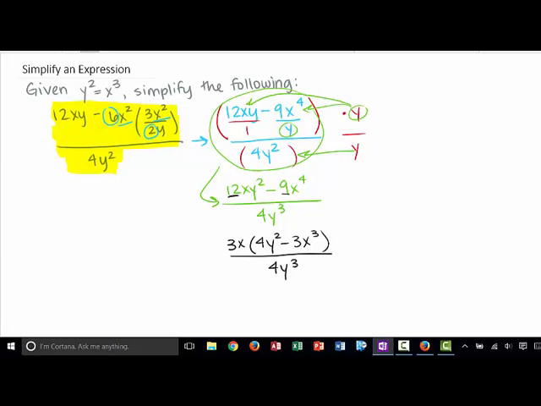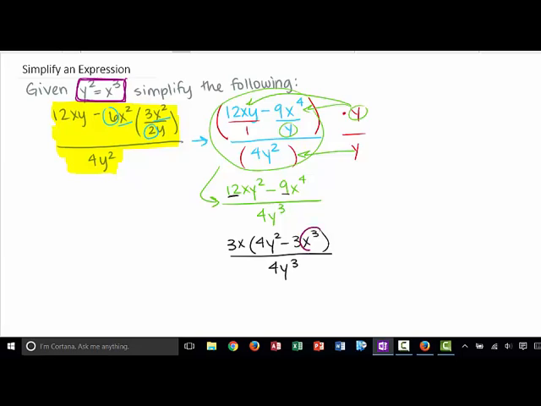Now, again, it doesn't mean I can immediately do anything, but if I look at the given information, which is sometimes what we forget to use, it tells me that for every y squared I see, that is equivalent to x cubed, or for every x cubed I see, that is equivalent to y squared.